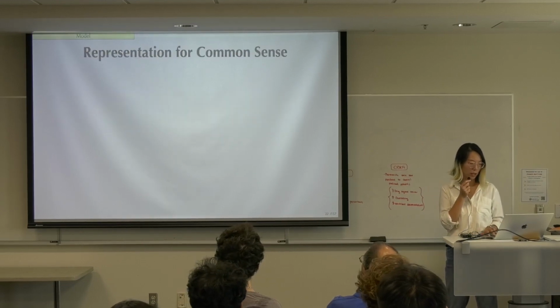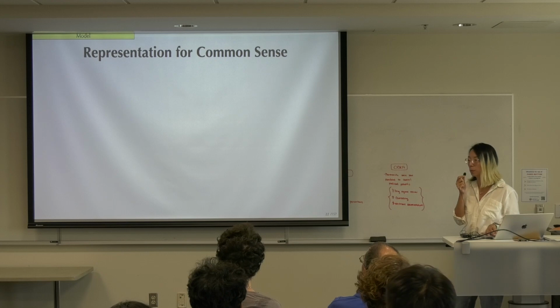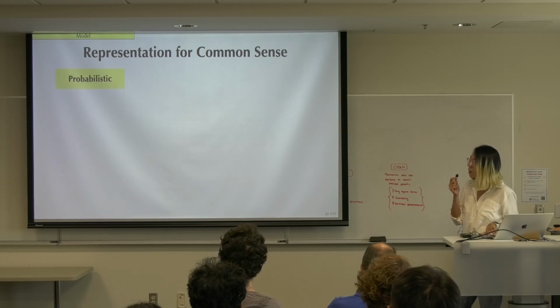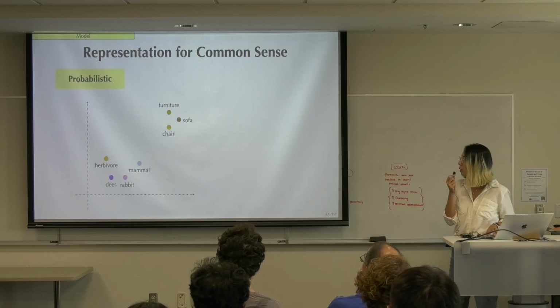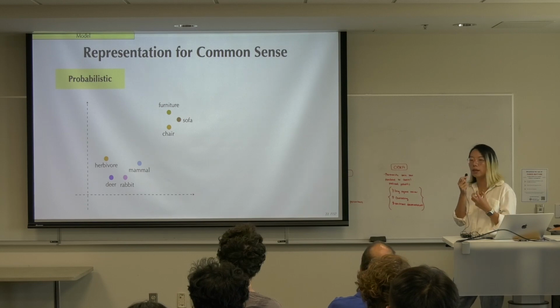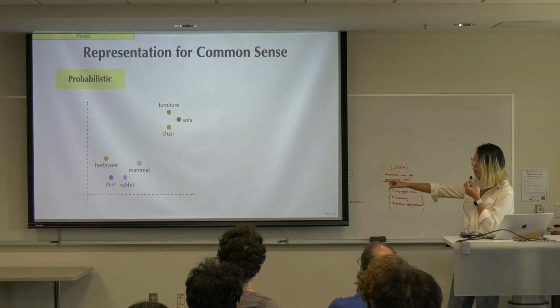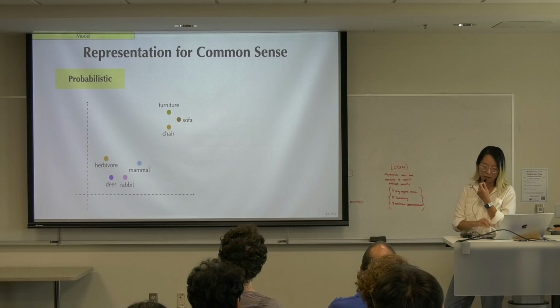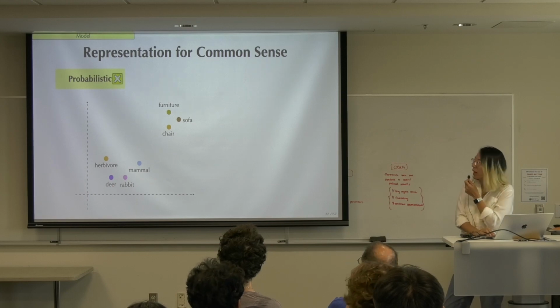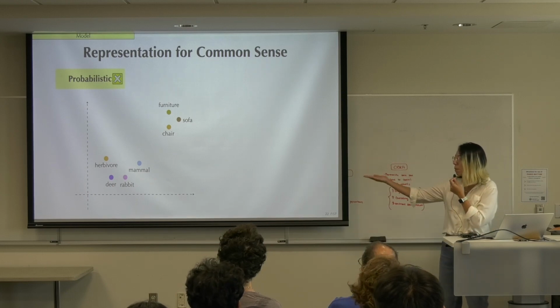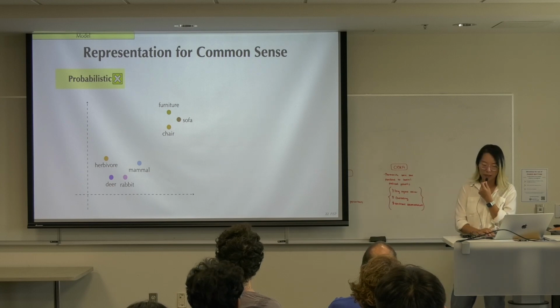So I will first talk about the modeling part. As we said, we need a probabilistic model, but in NLP we typically just have a vector representation for each single word. It's not really probabilistic. How do you represent the probability of a mammal or a rabbit in this kind of representation?